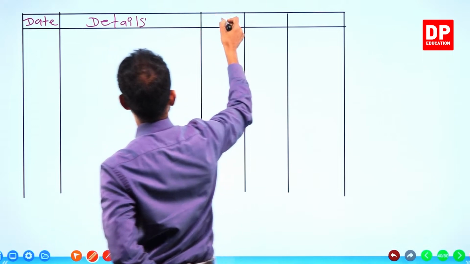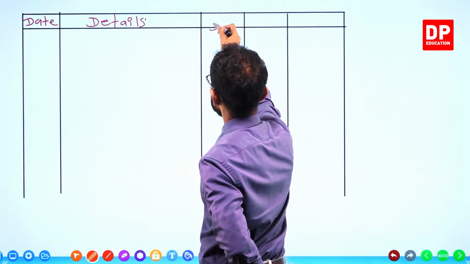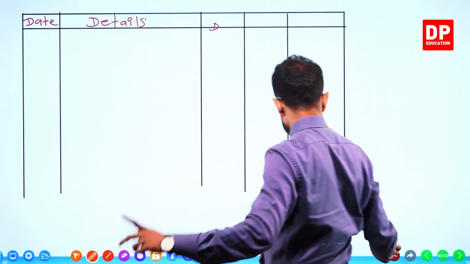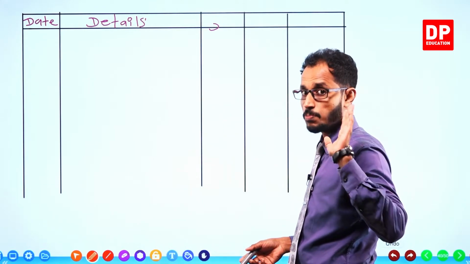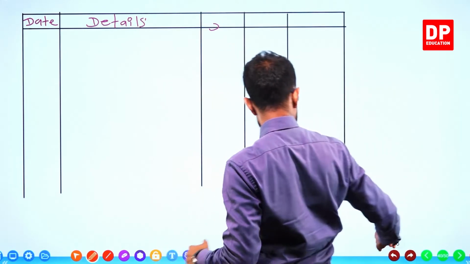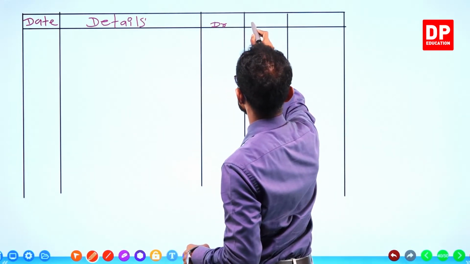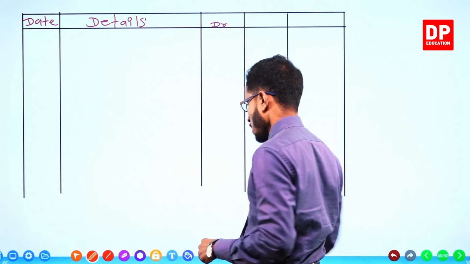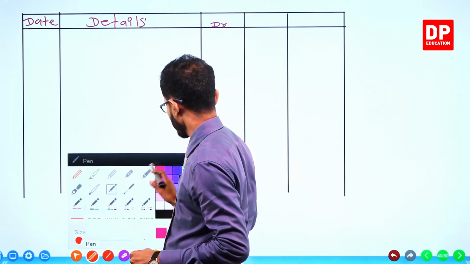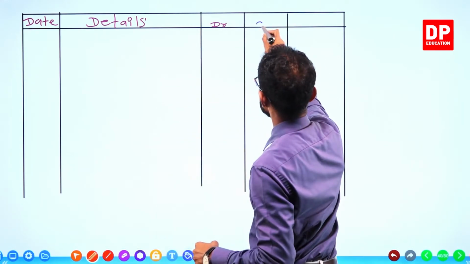Then we get the debit column. Mark these points. We get the debit column and the credit column. I'll use two colors for those.